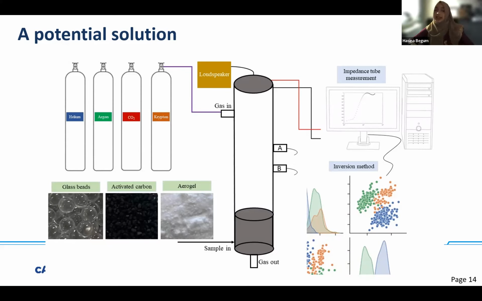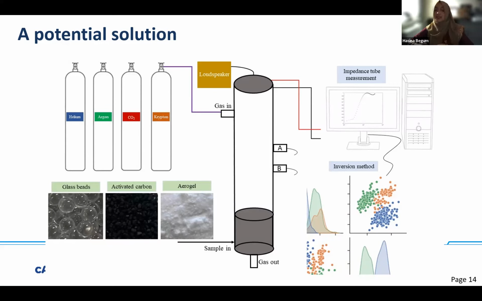So we'd have this through a gas inlet, and then we would use various different porous material samples like activated carbon or aerogel. This would allow us to take the impedance tube measurement and use some kind of inversion method, which would then generate data on what the pore structure and pore size is.